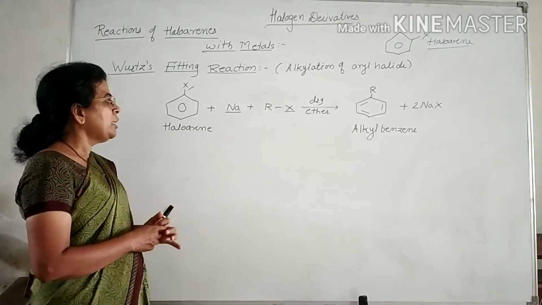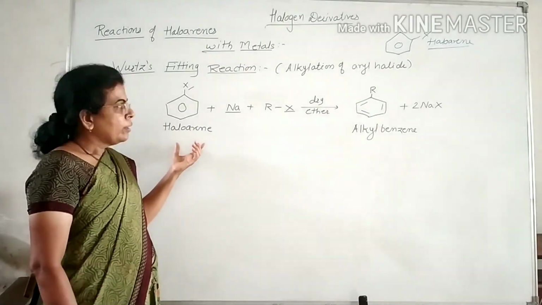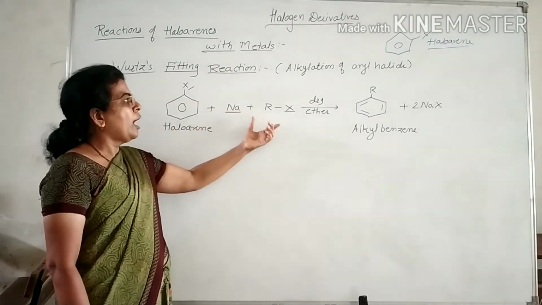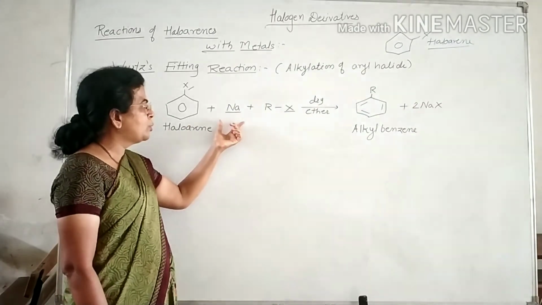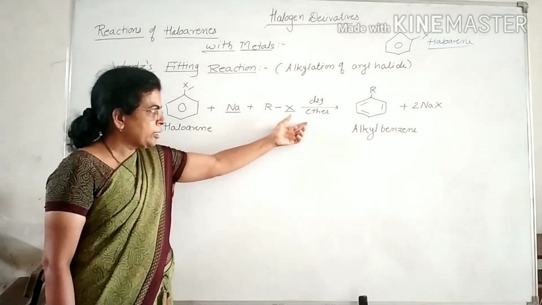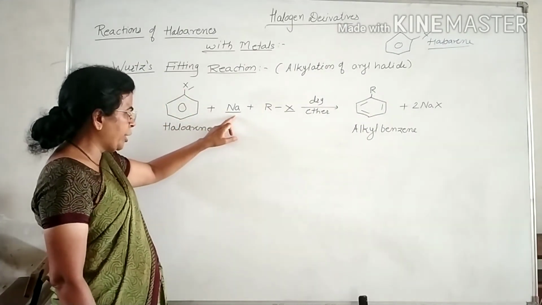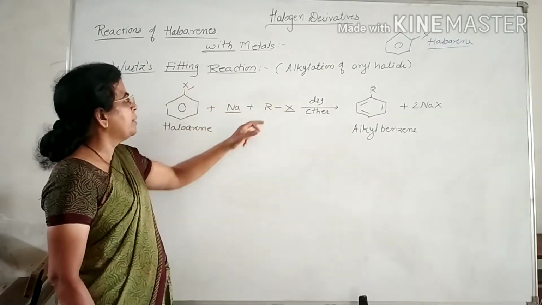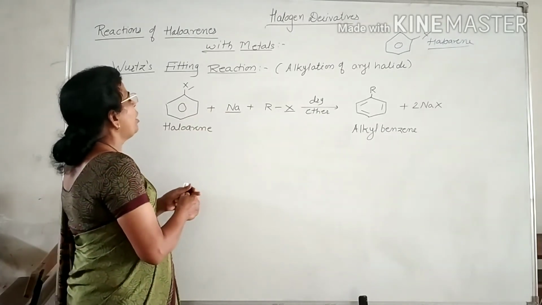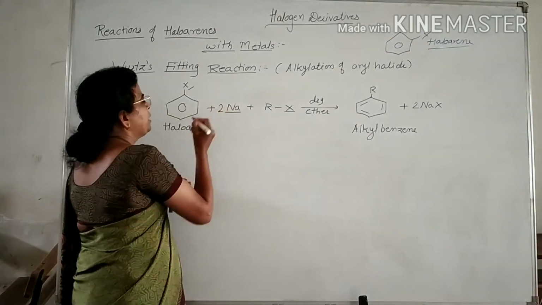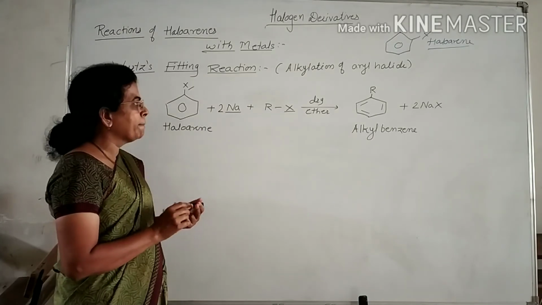Now here, these haloarenes, when reacted with alkyl halide in presence of sodium metal and dry ether, the removal of halogen with sodium takes place. We have to balance this reaction, so twice Na we have to take.